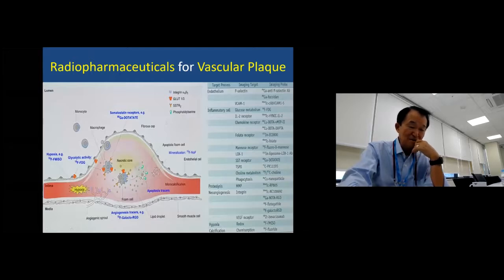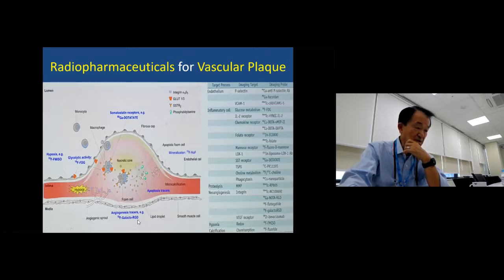And then hypoxia, that's a redox, that's a hypoxic agent, misonidazole. And certain calcification, when the fibrous caps form and are ready for rupture, there's a calcification. The calcification can be shown by this bone scan agent.